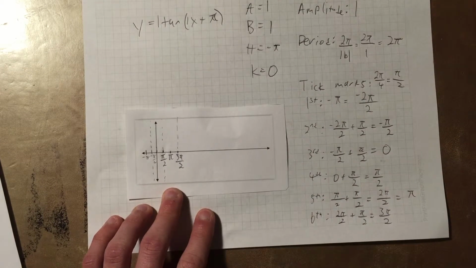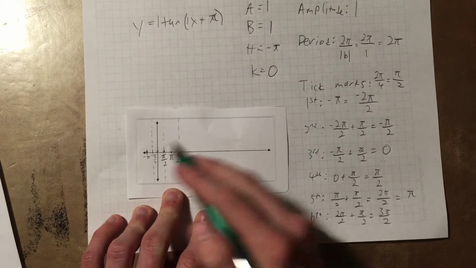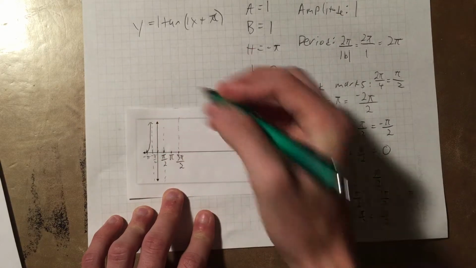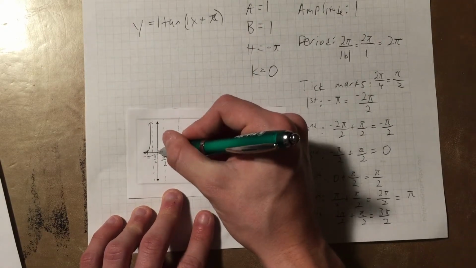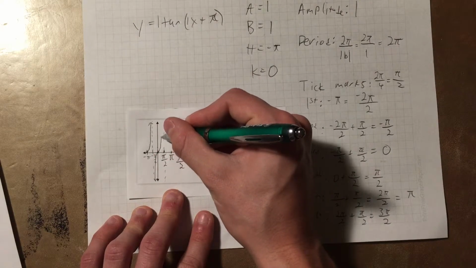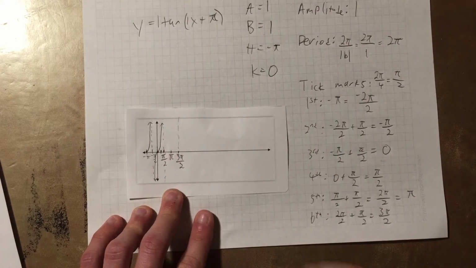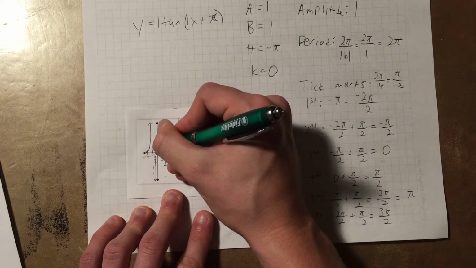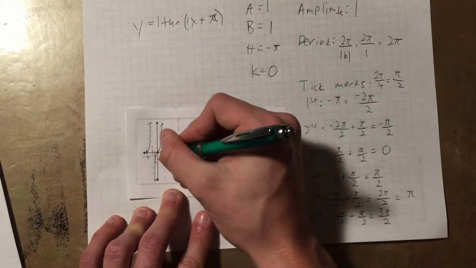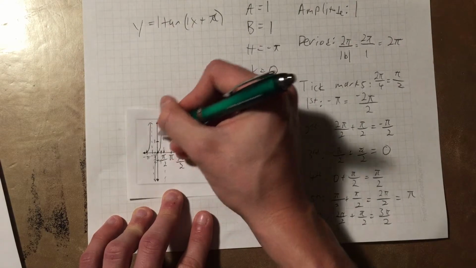Okay, now the tangent graph is going to start going up from this negative pi up towards the asymptote. And then here, at the origin, it's going to go down and then up here. Now notice that the amplitude is 1 in this case. So, at negative pi over 4 and pi over 4, the graph is going to be equal to negative 1 or 1.